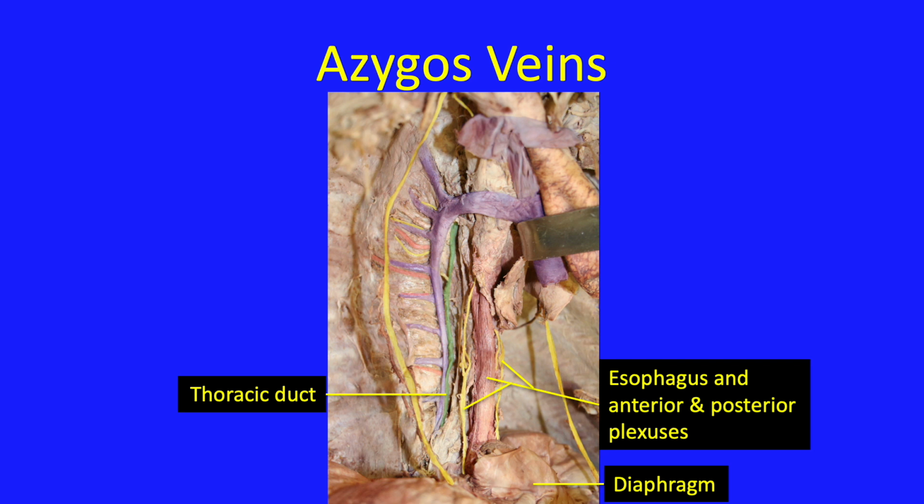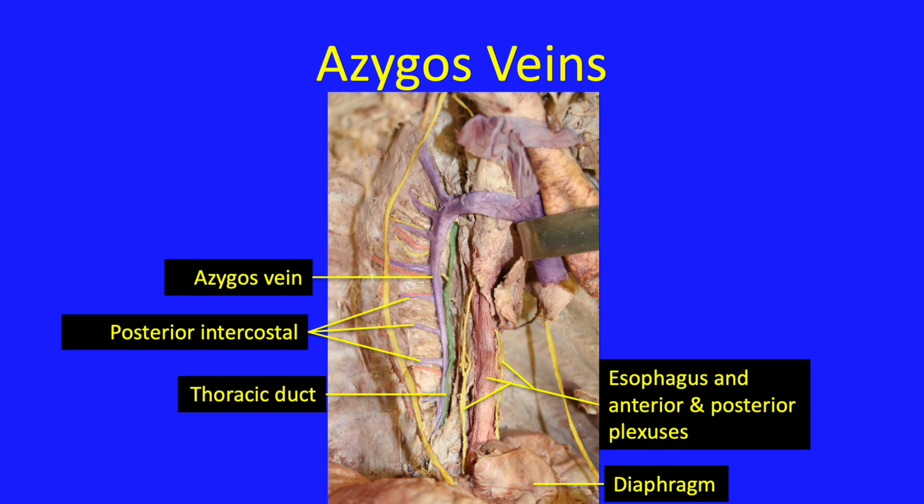Looking again at this image, in which we used to introduce the thoracic duct, you may notice additional prominent features. First and foremost is the azygos vein, which receives the drainage of the posterior intercostal veins from the right side of the thoracic wall.